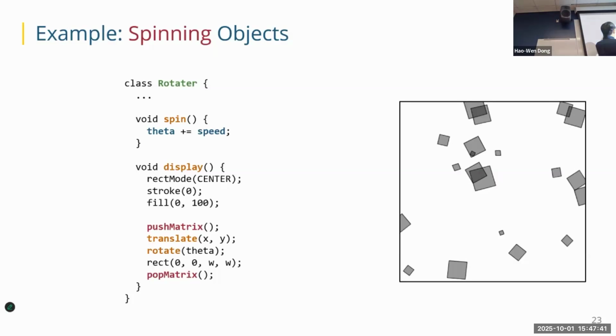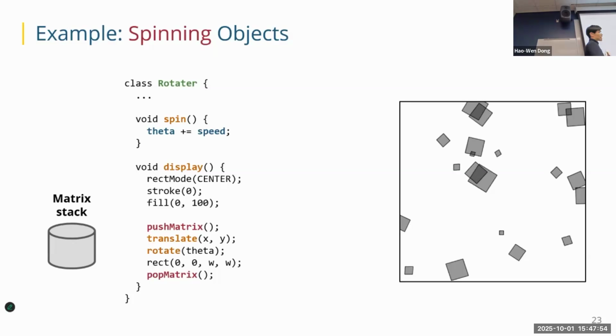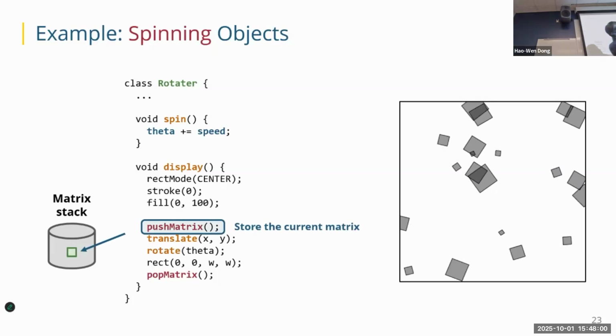Whenever you want to start, you put the current matrix onto the matrix stack to temporarily store it. And then you work with this spinning object.